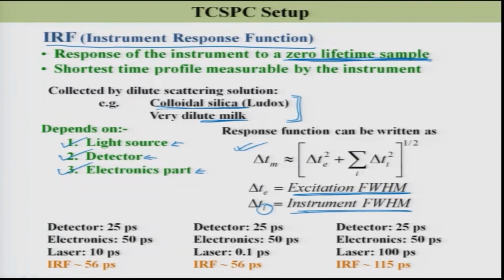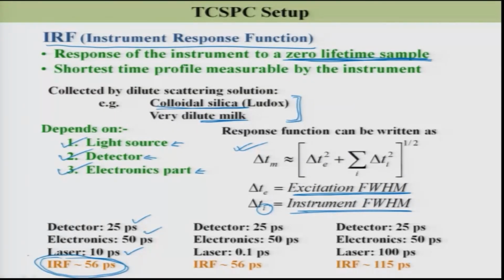One can easily calculate that if the detector transit time spread or response time is 25 picosecond, the electronics part is 50 picosecond, and the laser is 10 picosecond, then the total IRF will be something like 56 picosecond.